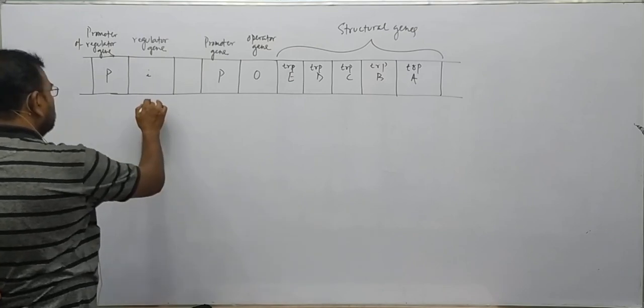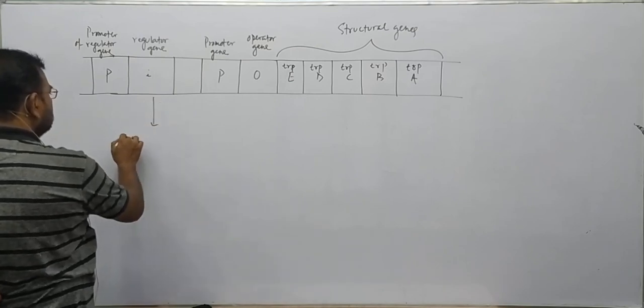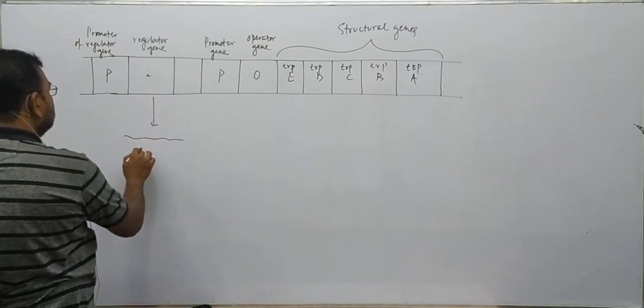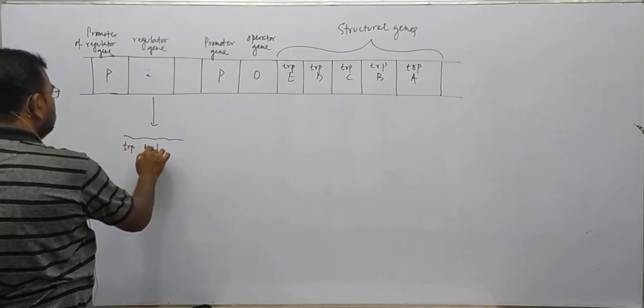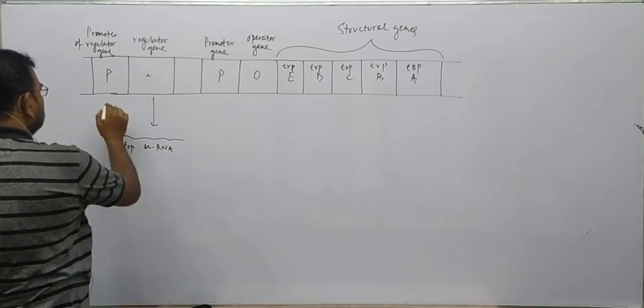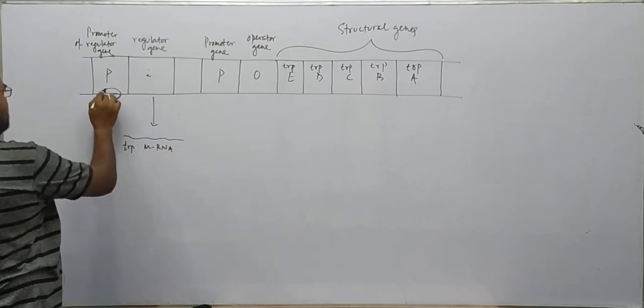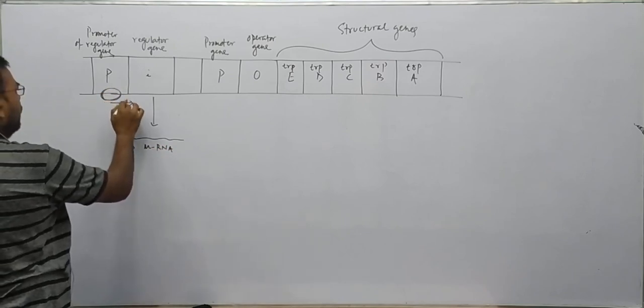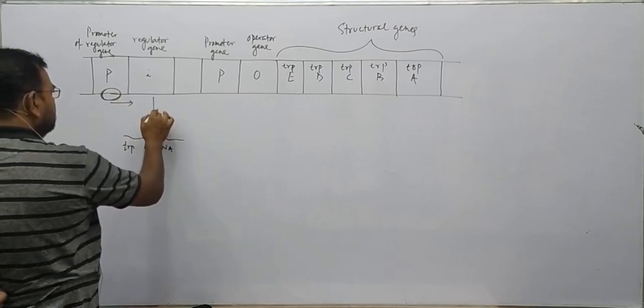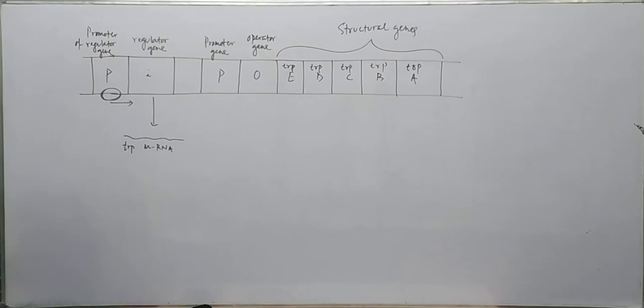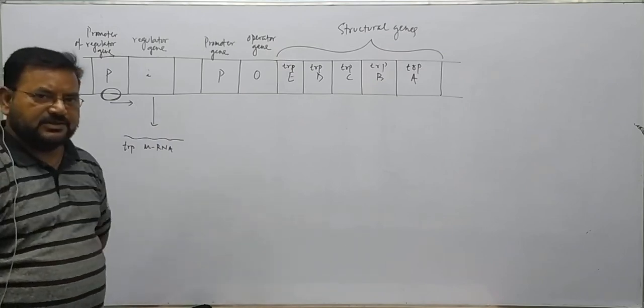So, the regulator gene produces an mRNA, that is trp mRNA, where the promoter having the RNA polymerase will move over the regulator gene. So the regulator gene transcription begins. When the transcription begins, the trp mRNA is synthesized.